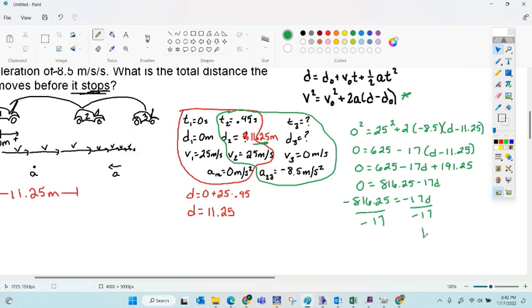So we get about 48 meters. And that is our final answer, the 48 meters, because we already started at the 11.25 and we went forward from there.